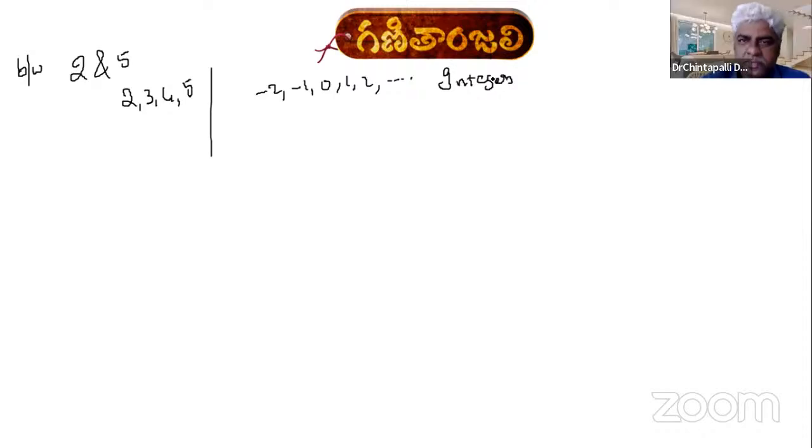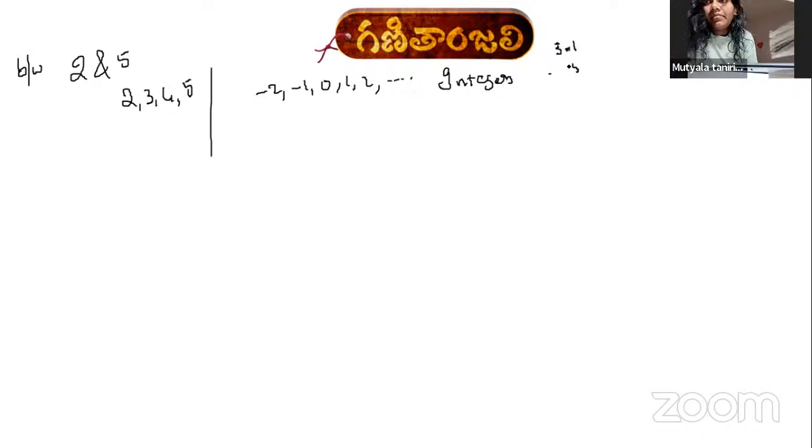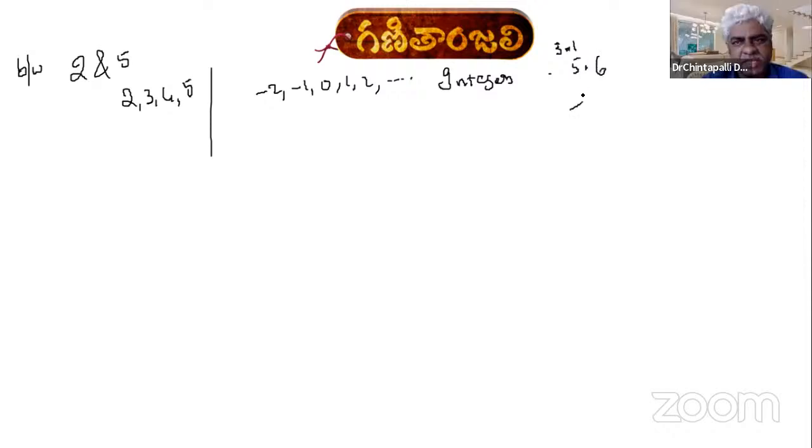No fractions are listed in integers. Integers means only numbers. There are no fractions. See, 3.1 is not in the list of integers. 5.6 is not in the list of integers. -1.2 is not in the list of integers.